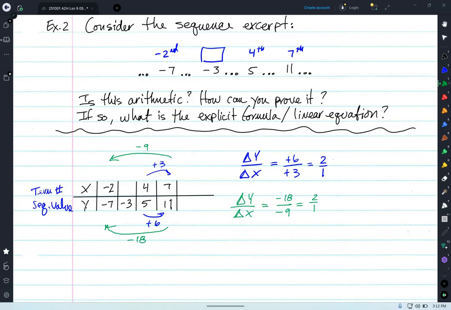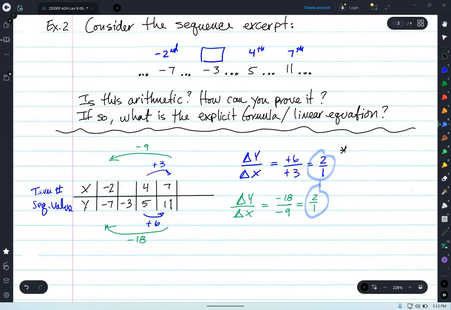Okay, so question, is this sequence that I gave you, this excerpt up here, part of an arithmetic sequence? How do you know that? Consistently, right? Okay, so this right here, these two answers, this one and this one, here I'll do a little swoopy arrow.